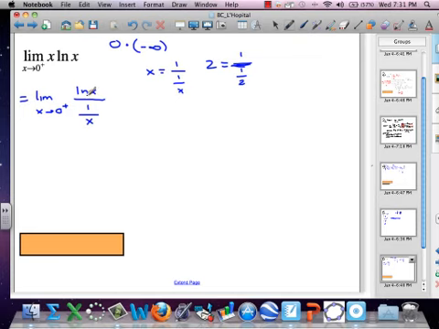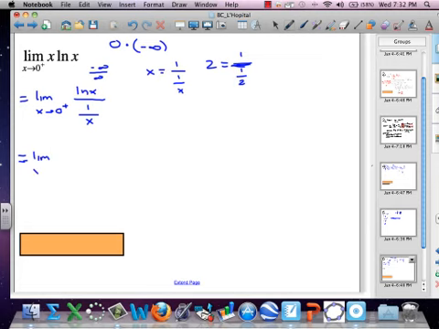The numerator is still a very, very large negative number. The denominator is 1 over a small positive, and 1 over a small positive is a big positive number. So now you're in the form negative infinity over infinity, which means I'm in an L'Hopital's rule scenario. I'm allowed to use it here. Okay? So I've done my job. I've transformed it into a fraction that is an indeterminate form.